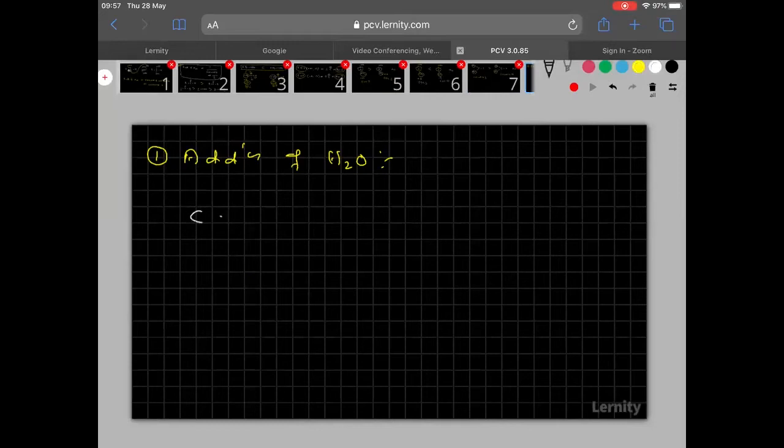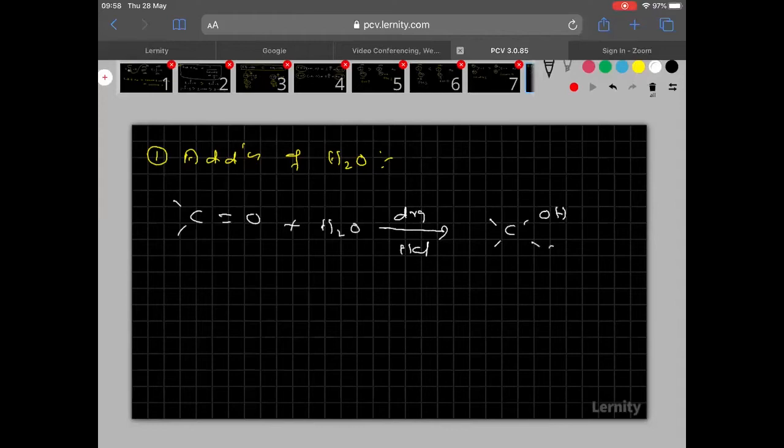So now see clearly, this is a carbonyl group. That means it may be aldehyde or it may be ketone, anything it may be. So when this is treated with water, in presence of what? In presence of dry HCl. Is it clear?